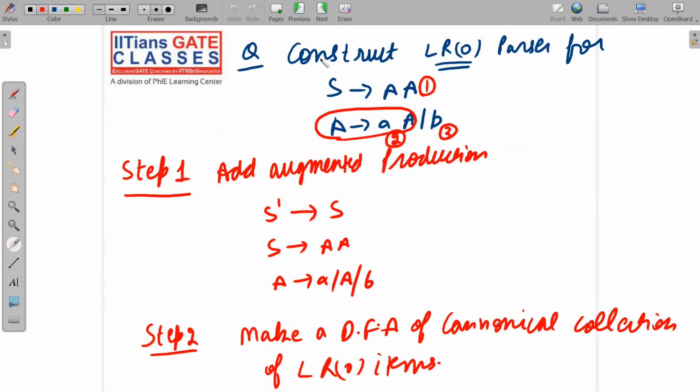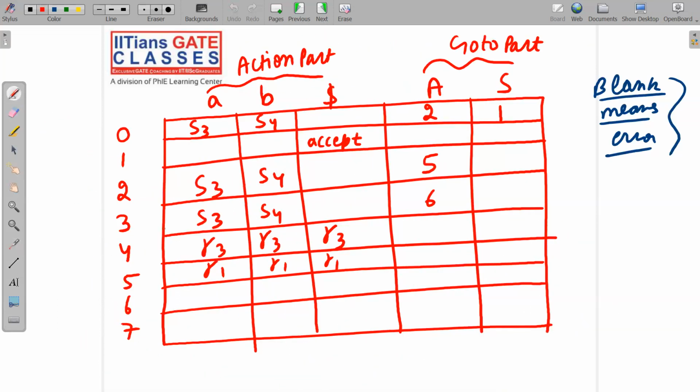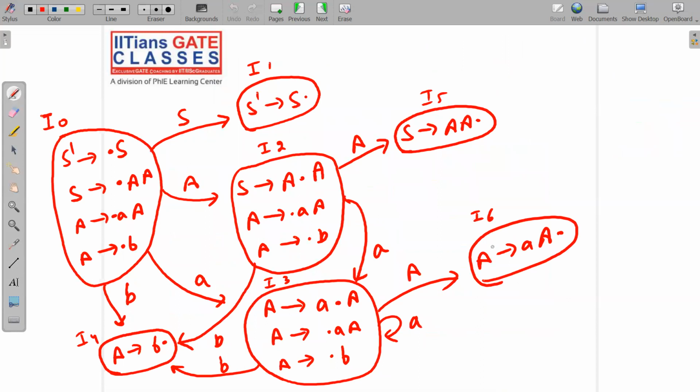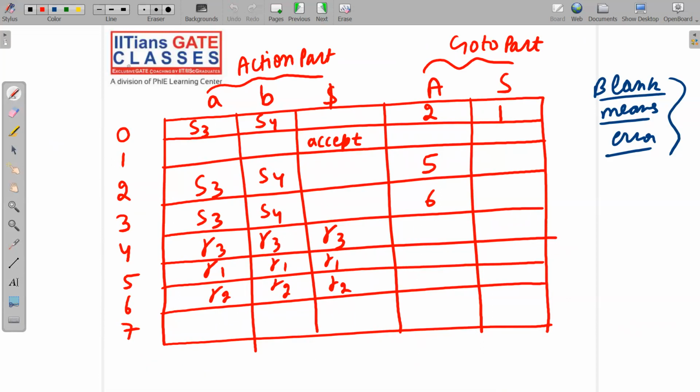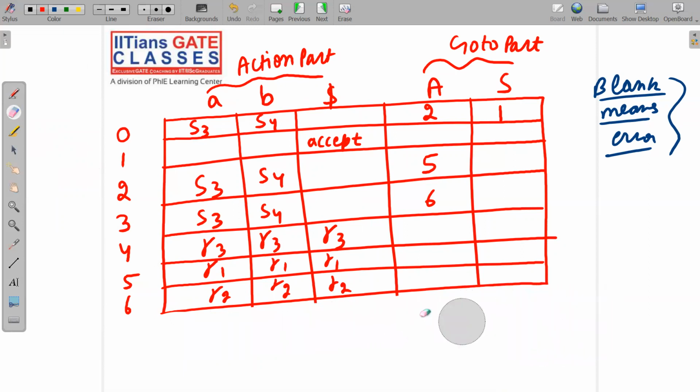So this is production number 2. So I will write here R2, R2, R2. Okay. So I think 6 states are over. Yes. So I think by mistake I have written this 7. So I will delete it. Yes, 7 is not needed. Only 6 were needed. Yes, that's it.